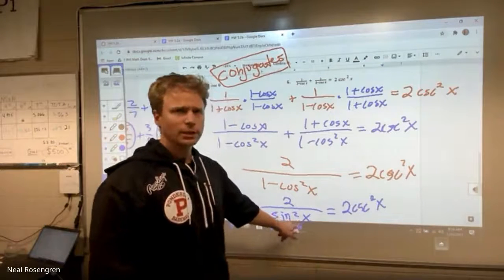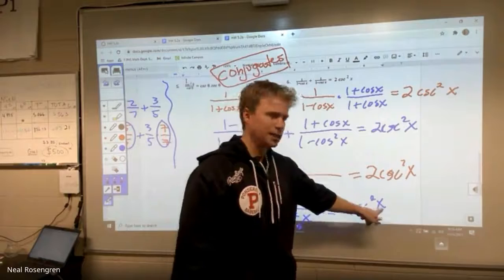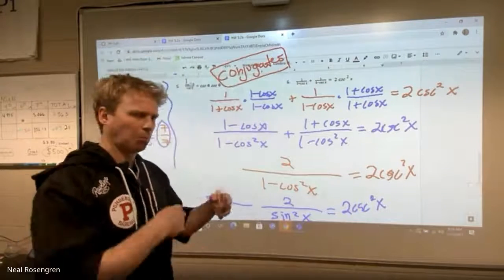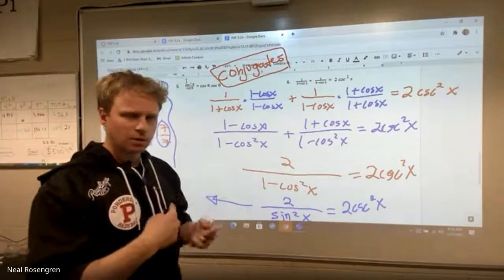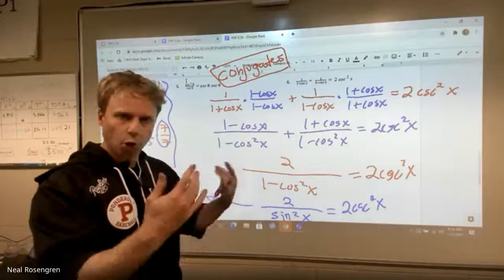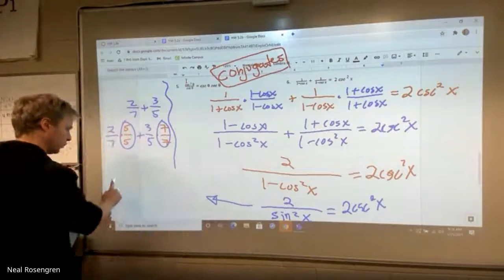What's the relationship between sine squared and cosecant squared? They're reciprocal over there. 1 over sine squared is cosecant squared, and we're there.